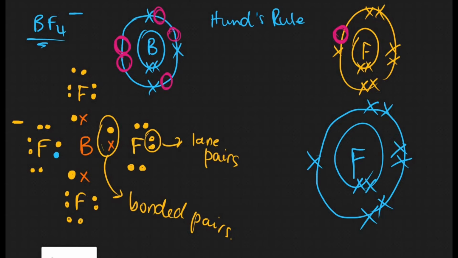In order for this fluorine atom to become a fluoride ion, it will gain an electron, maybe from the transfer of an electron from, say, a metal atom like sodium, right? And that would allow this fluorine atom to become negatively charged, because it now has 1 more electron than protons.